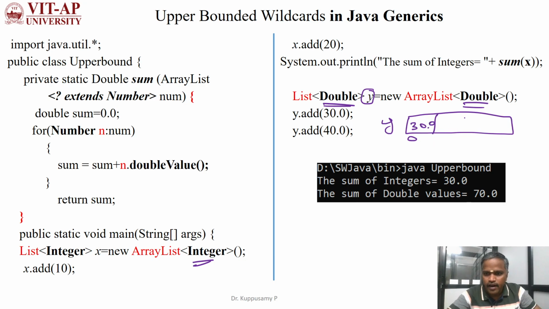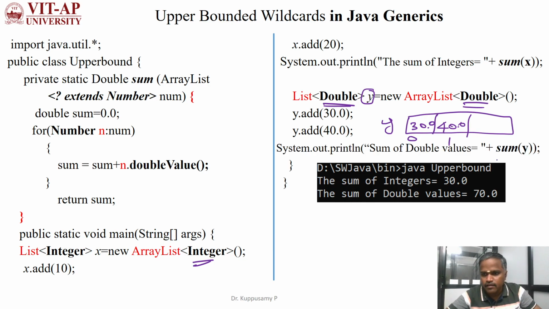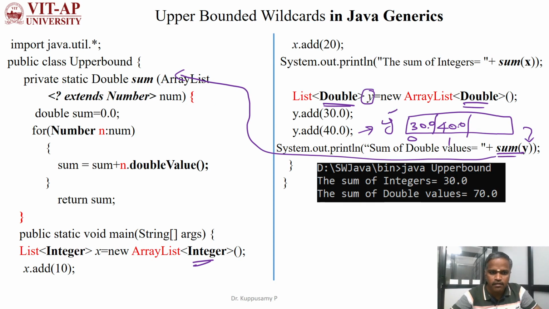Then we are adding one more data, 40.0, at the first index. Then I am calling the method sum by passing the data structure ArrayList y. So once it is called, this calls the method sum, and the values of y, 30 comma 40, are passed to the Number.